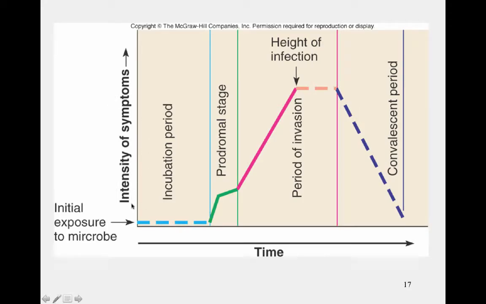So this is what it would look like if we graphed it here on the y-axis, the intensity of the symptoms, and also we can correlate this with the amount of the pathogen that is present over time. So if we have that initial exposure to the microbe, so this would be the portal of entry here, it enters the human body, then it's starting to replicate, but it's at a very slow rate.